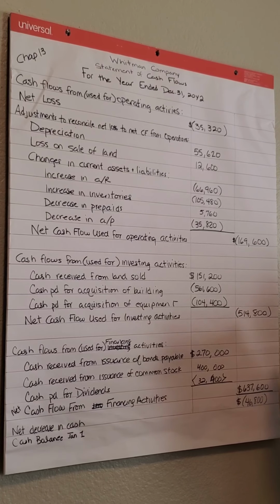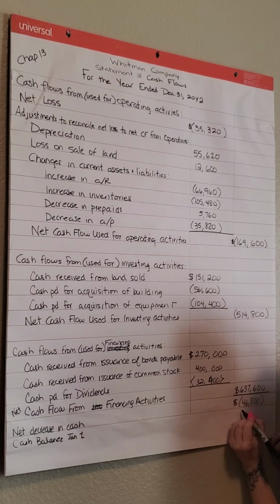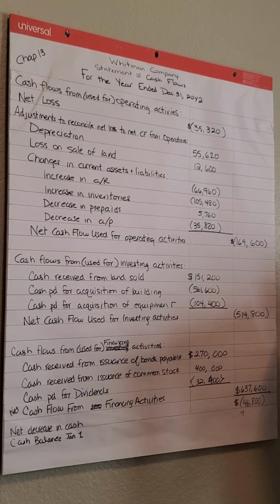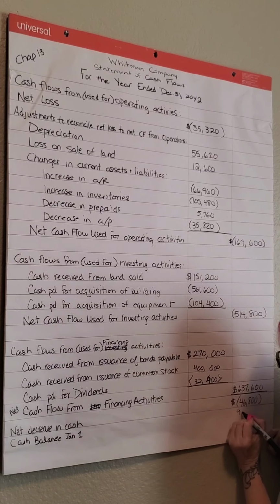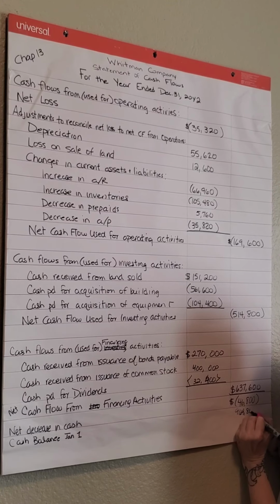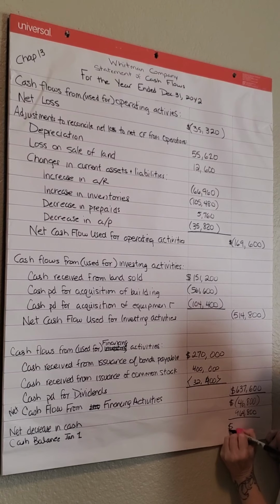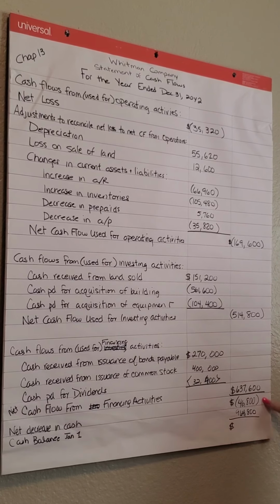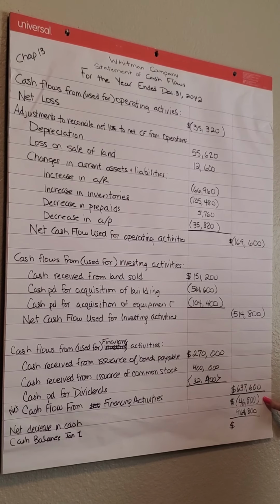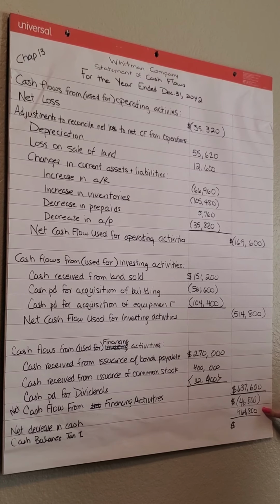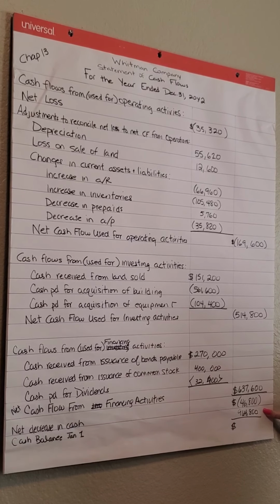The comparative balance sheets tell us that cash on the first was $964,800. Okay, and so when we take the net decrease in cash, we subtract it from the cash previous on January 1st.